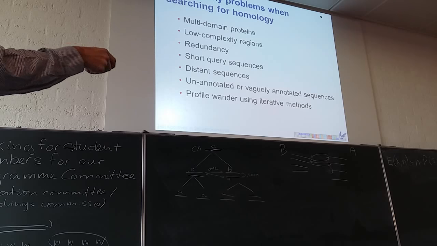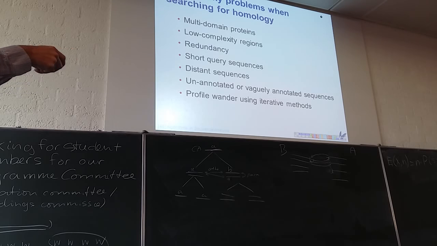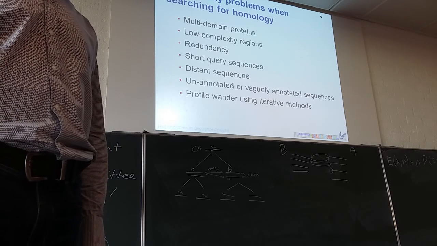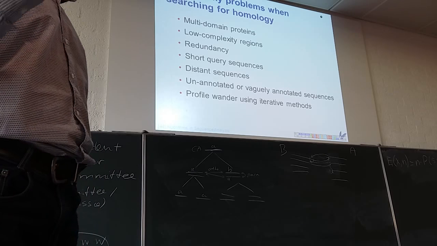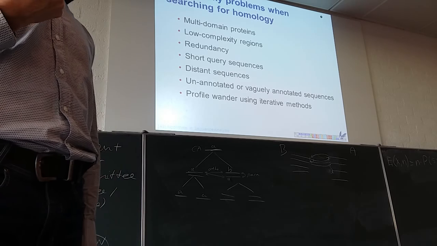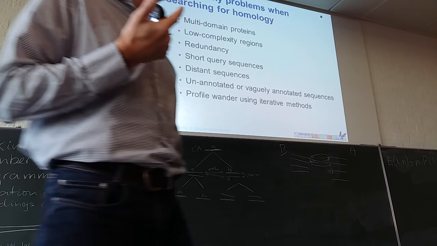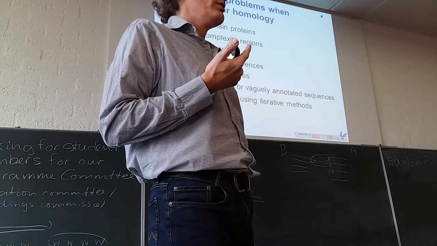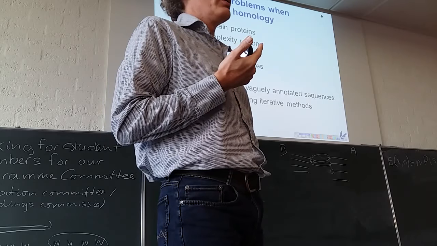Multi-domain proteins, low complexity regions, which is related to redundancy, and short query sequences. This one is easy to understand, right? What happens if you have a very short query? You get insignificant hits, but why?